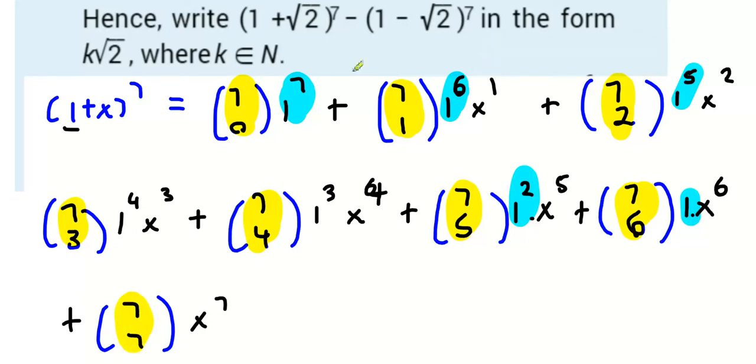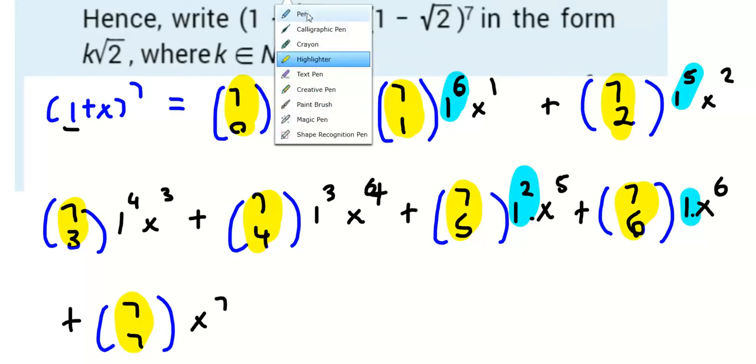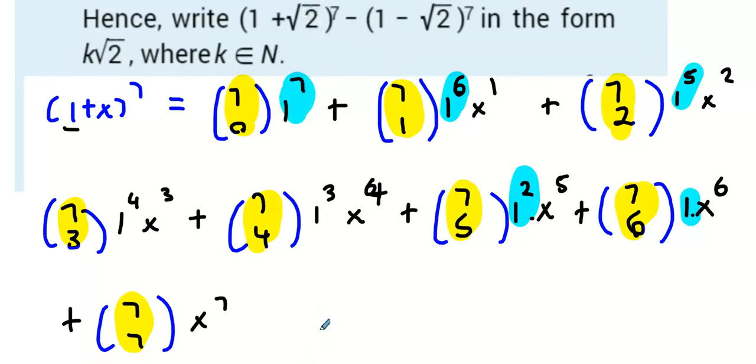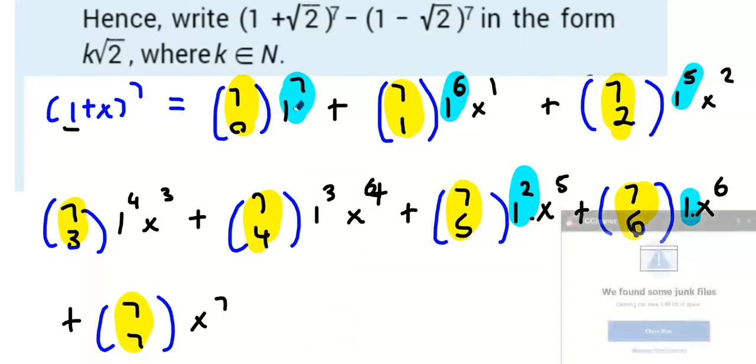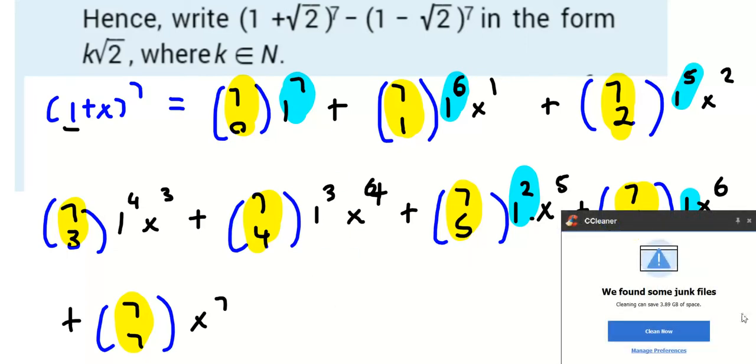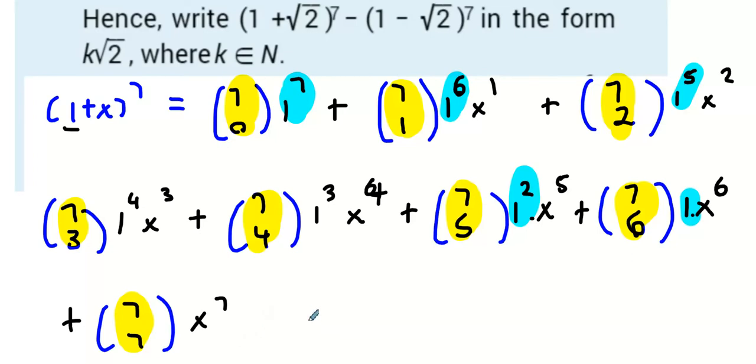All right, first one's 1. Next one's 7, isn't it? 7x. Next one after that is, what's 7C2? 21, thanks.